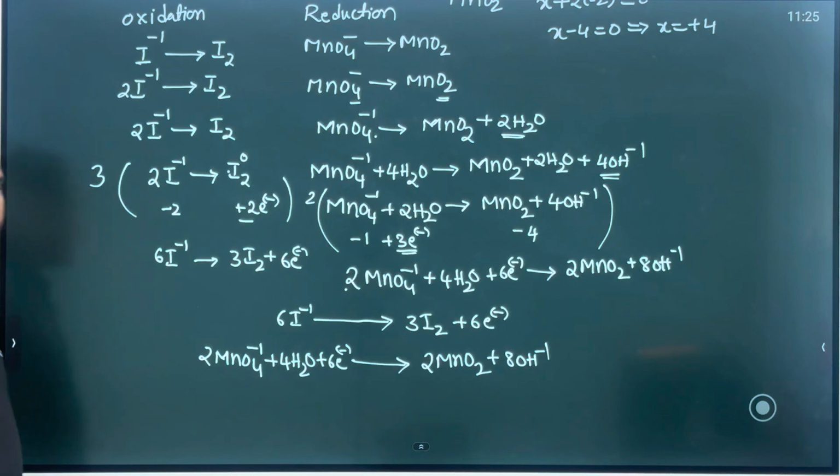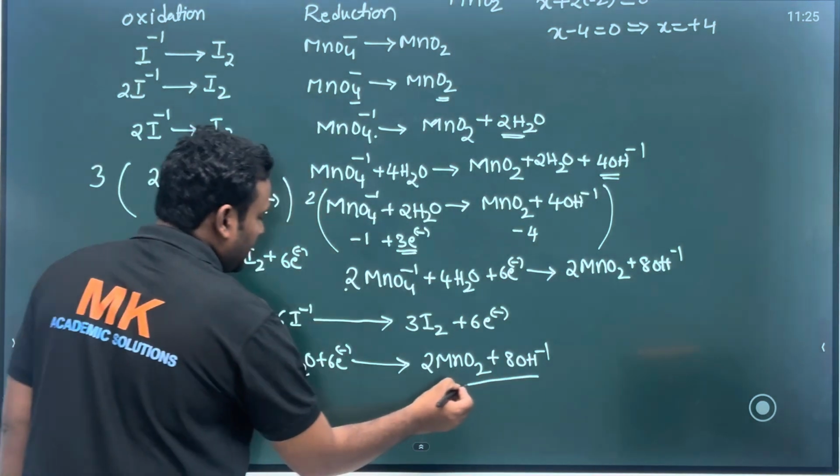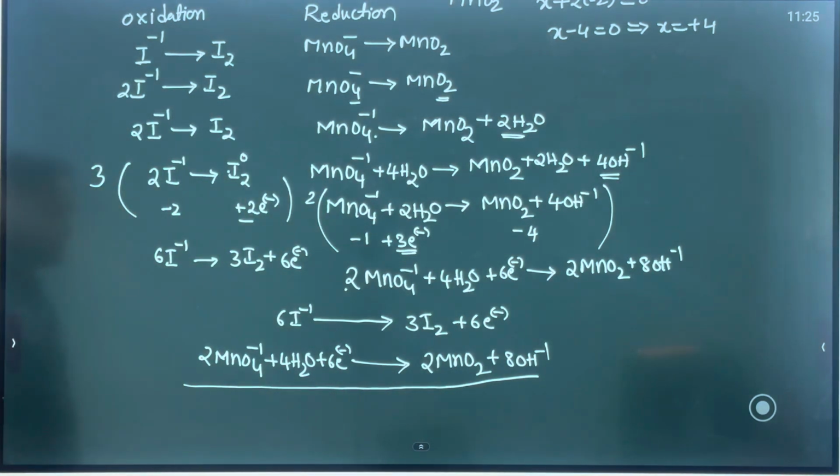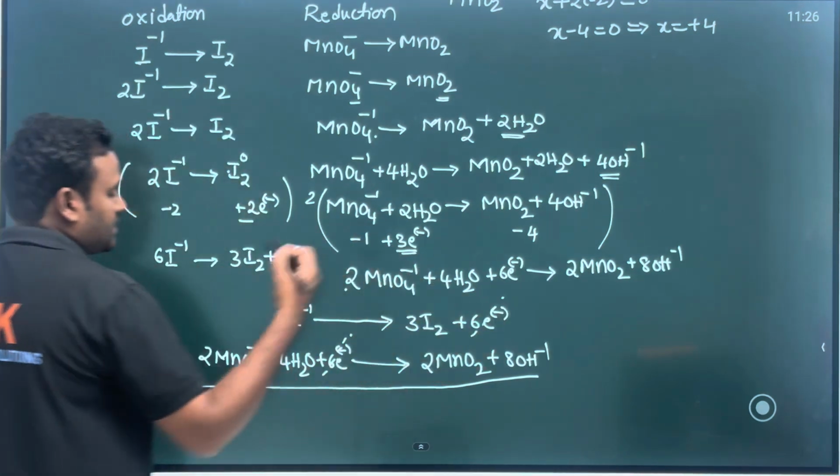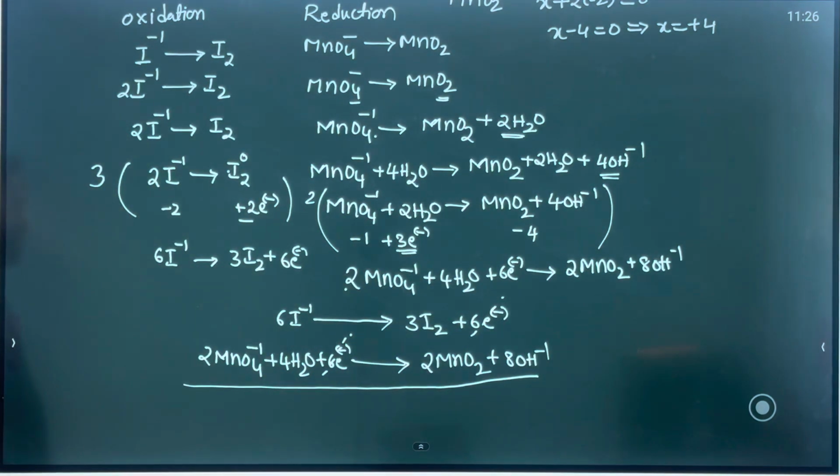Now when you add them, like algebraic expressions, 6 electrons on the left side and 6 electrons on the right side get cancelled.